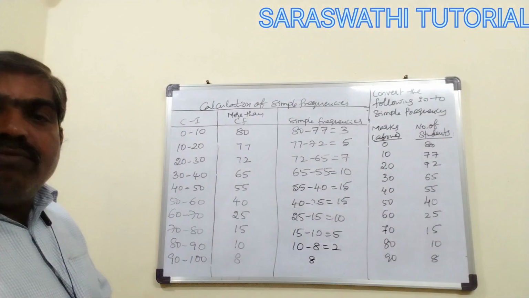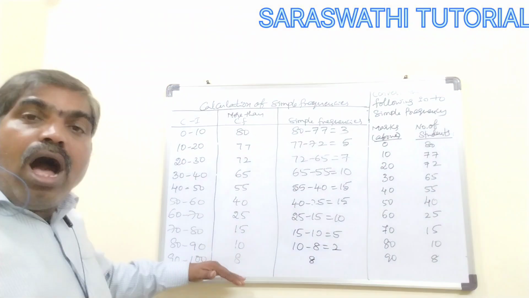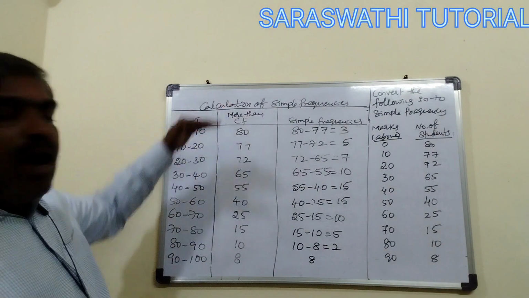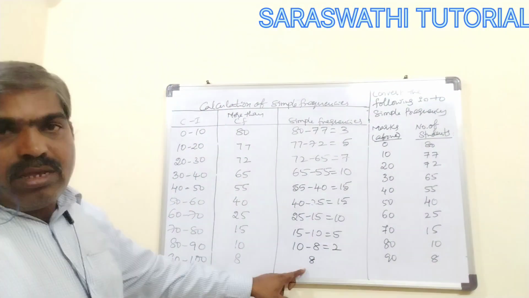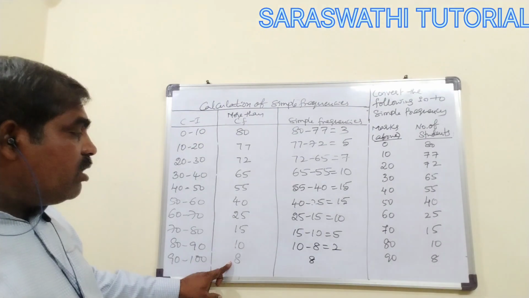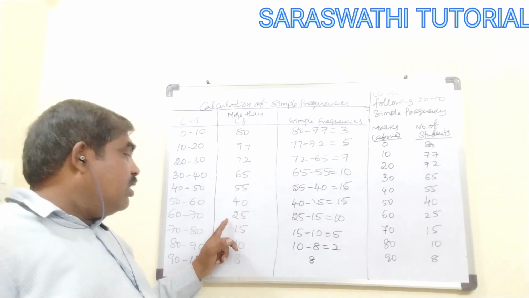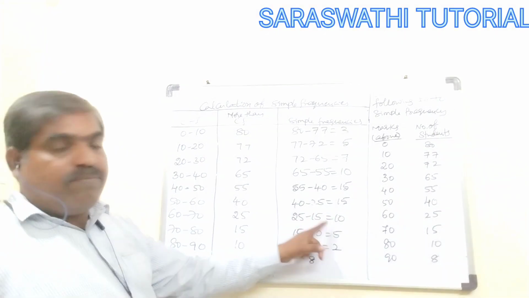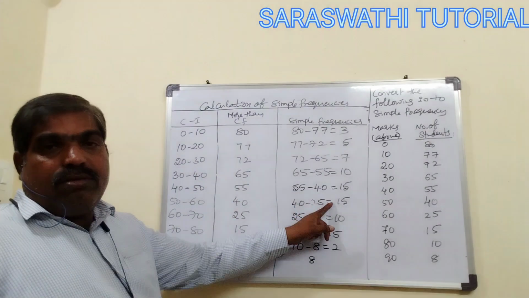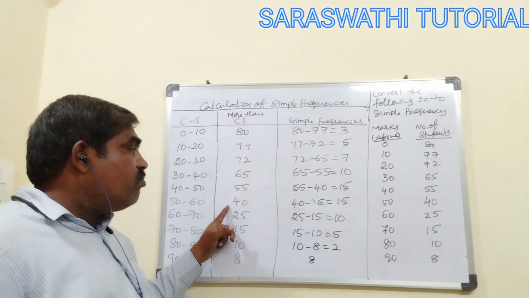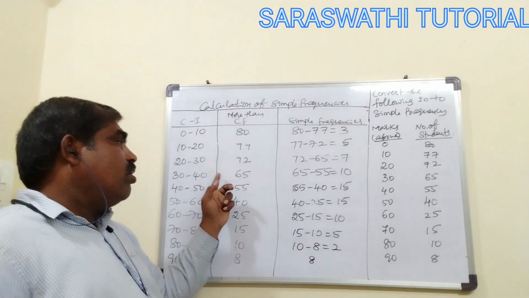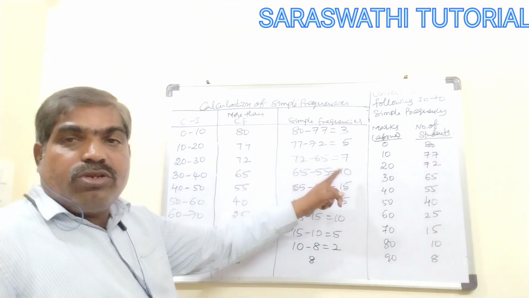Here we are calculating the frequencies from upper to lower. Last one, which is 8. Then 10 minus 8, 2. 15 minus 10, 5. 25 minus 15, 10. Then 40 minus 25, 15. Then 55 minus 40, 15. Then 65 minus 55, 10.